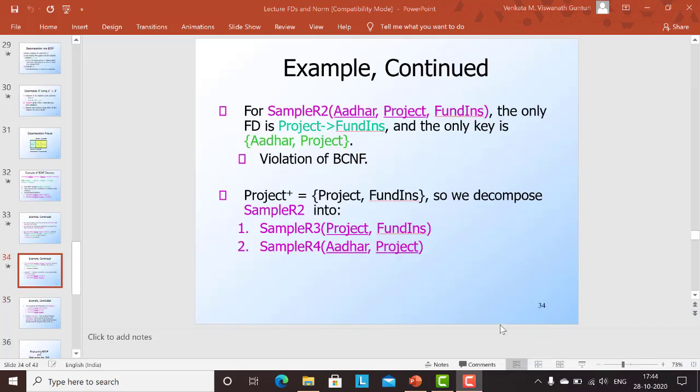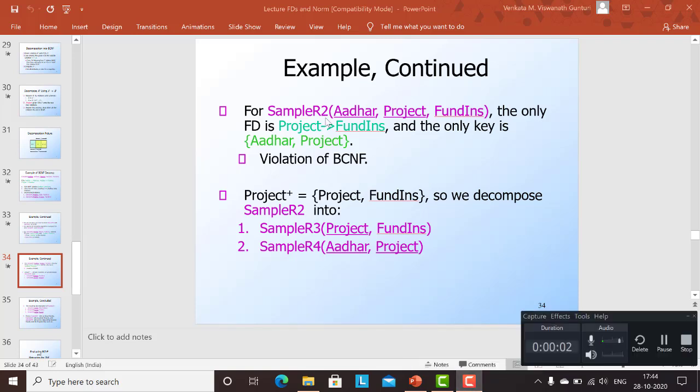Now the second child of our decomposition step, sample R2, containing Aadhaar, project, and funding institution. I know this is not in BCNF because the FD that comes over here is project implying funding institution, and the only key of this particular relation, sample R2, is Aadhaar and project.